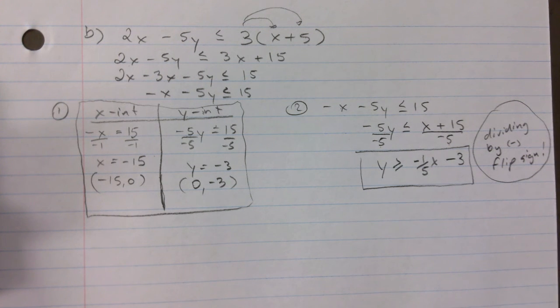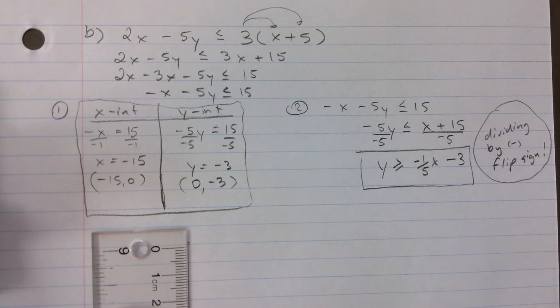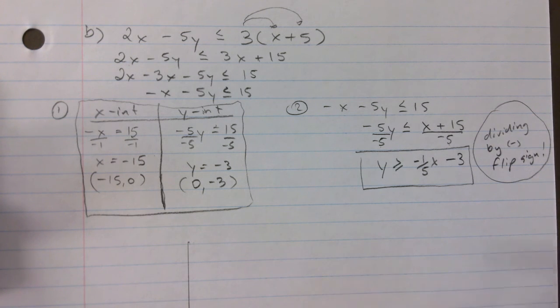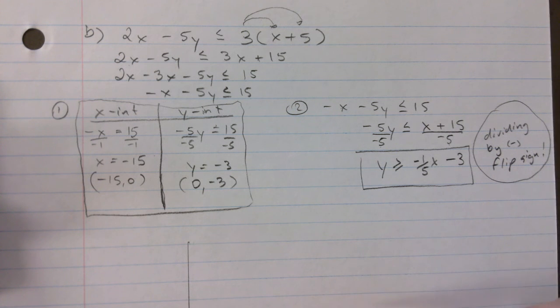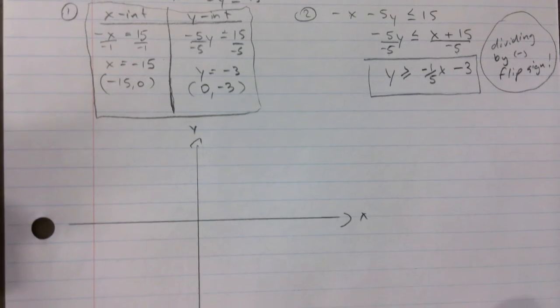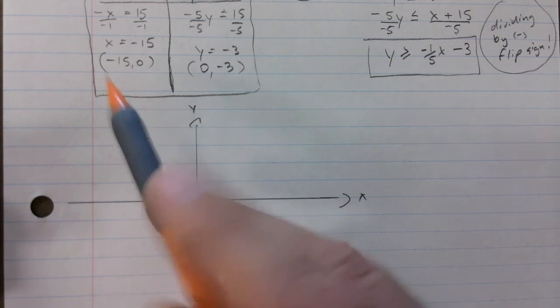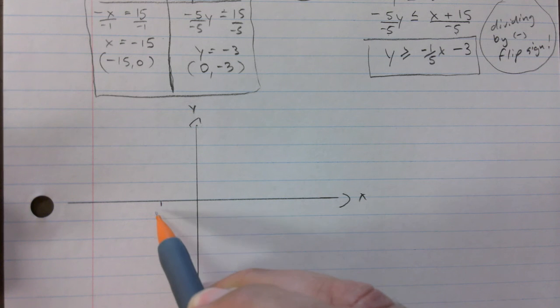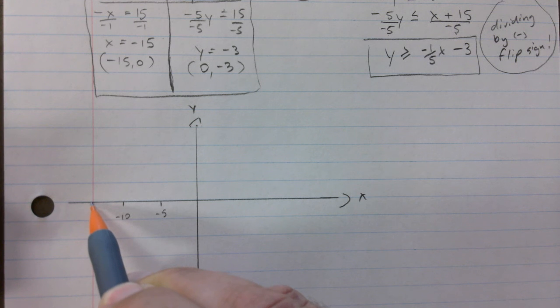Now, let's start our graph. So I'm going to go, don't make it too big, okay? I will make my x-axis a little bit longer. Like that, maybe. You should be able to do this without, oh, graphing paper, sorry, you're not seeing that. But there's my grid. I need to fit in negative 15, so I'm going to be creative. I'm going to go negative 5, negative 10, as long as it's equally spaced out.